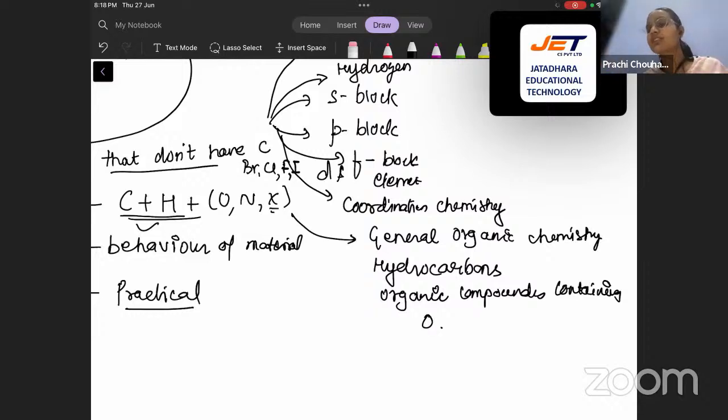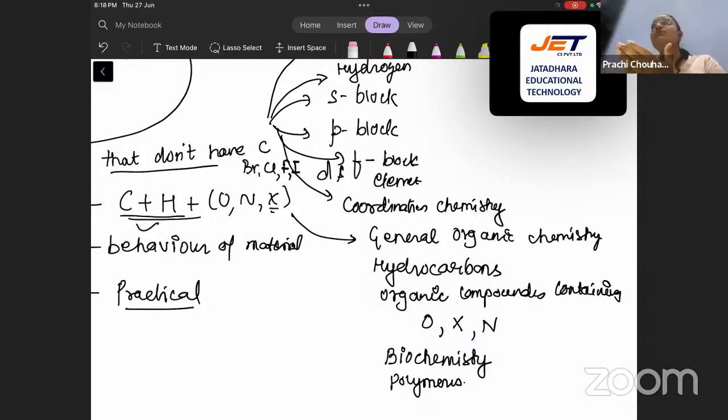It may be oxygen, halogens, or nitrogen. Then you have the last chapters, which are biochemistry, polymers and the like, and chemistry in everyday life, which we will also learn in organic chemistry.